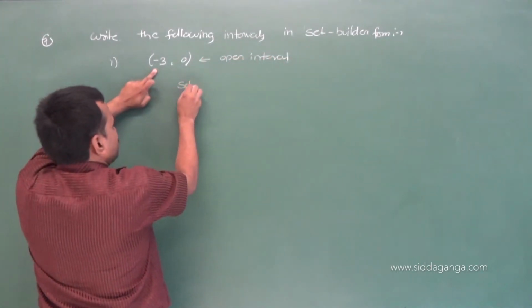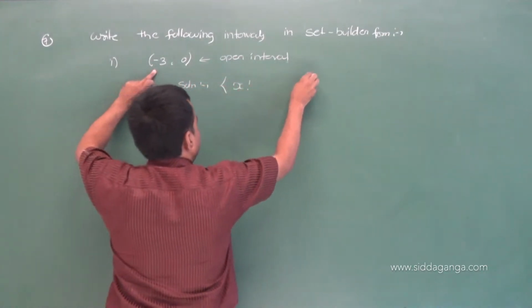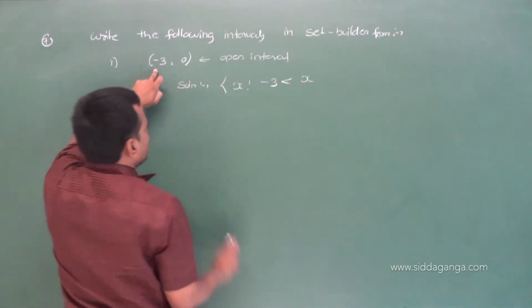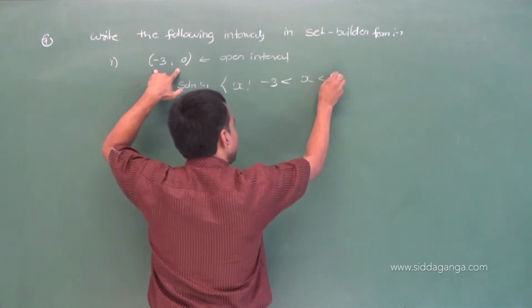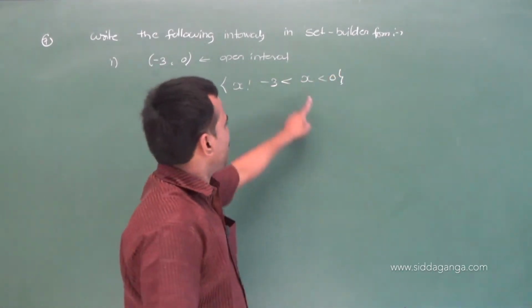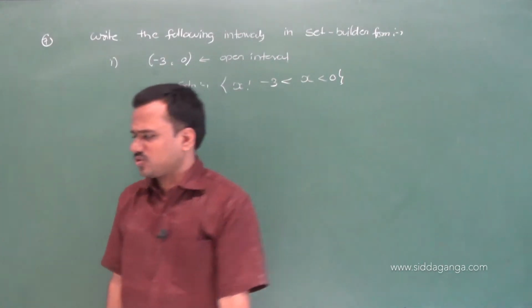So solution. X such that x is greater than minus 3 because end points are not included, less than 0. Understand? Next question.